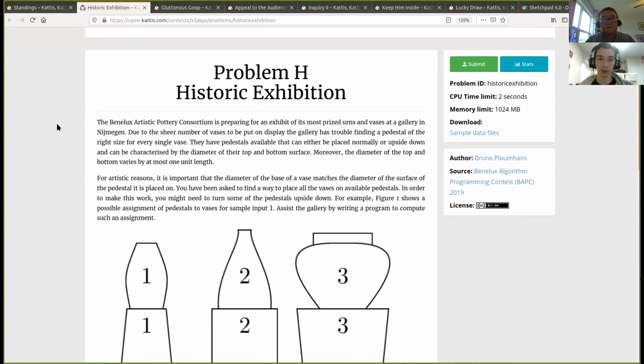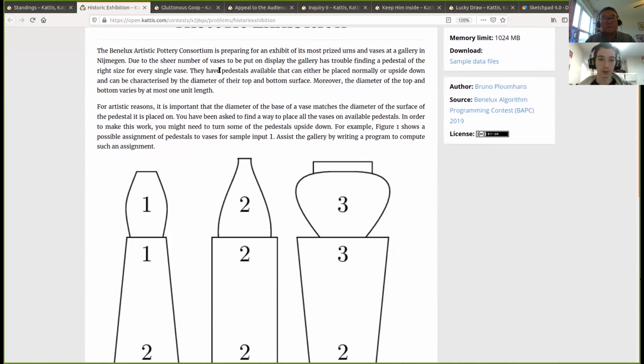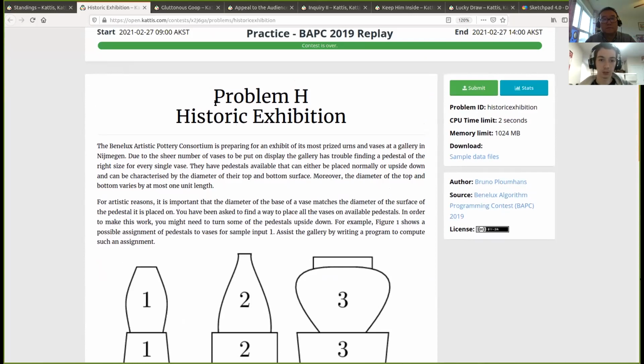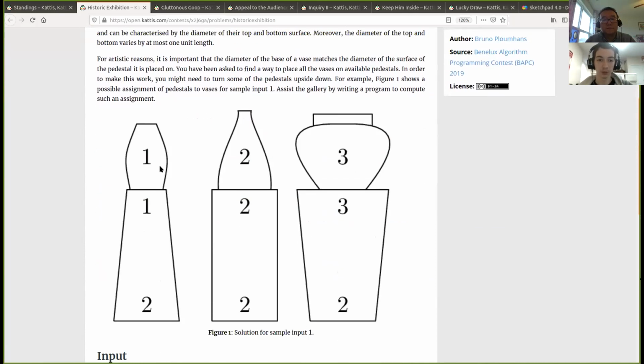Okay, so I guess I'll start with the ones that I solved and then we'll move on. I guess the easiest one I solved was problem H. In this problem you're given several vases and pedestals, and each pedestal has a top with a certain width and a bottom with a certain width.